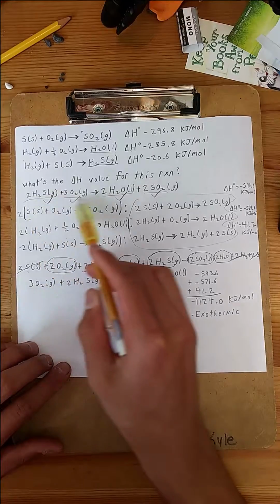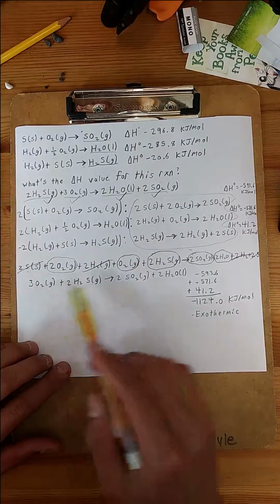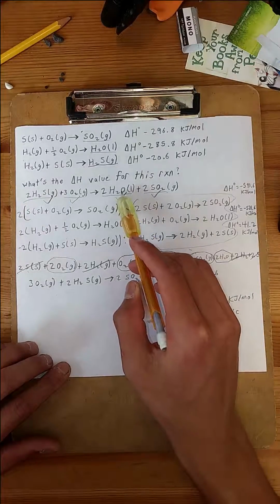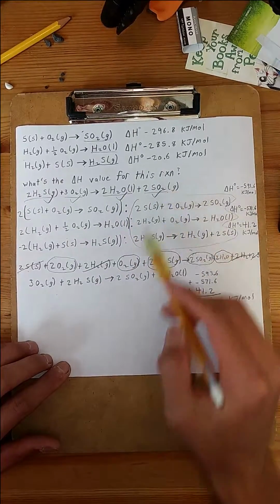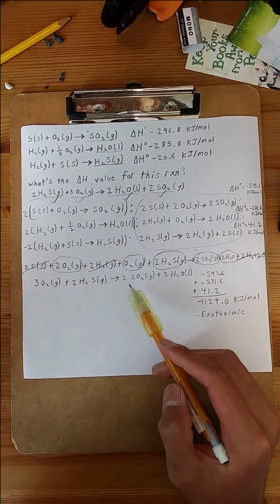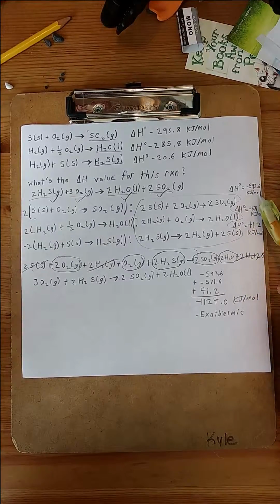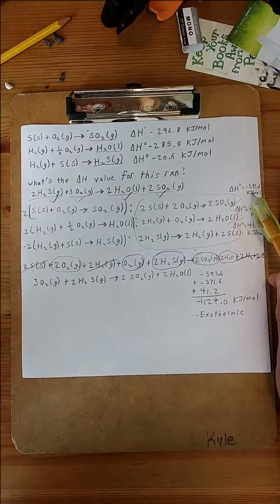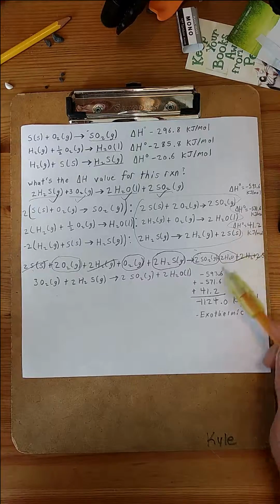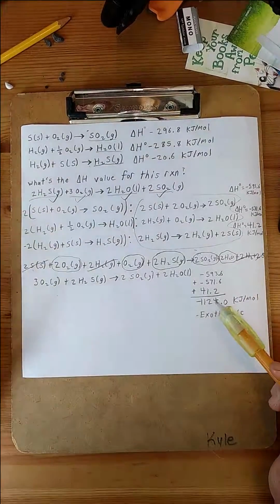We have our dihydrogen sulfide and oxygen gas, and we also have our liquid water and sulfur dioxide. And in the end, we also add up the delta H's to find our total enthalpy, the total change in enthalpy which we wanted to find in the first place.